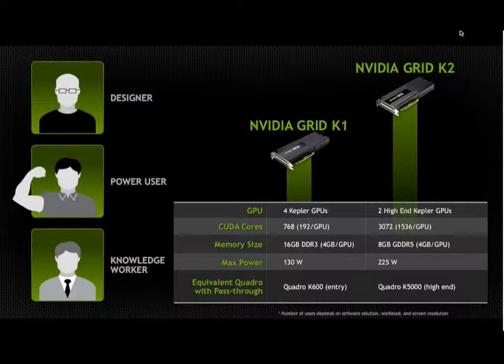They're passive cards. They have no cooling of their own. We do have an active K2 version that's rolling out now for chassis that have a difficult time keeping our cards cool, and we're seeing more and more certifications around that. But the primary two cards are passive and do require servers that can support the appropriate amount of airflow and appropriate amount of power.